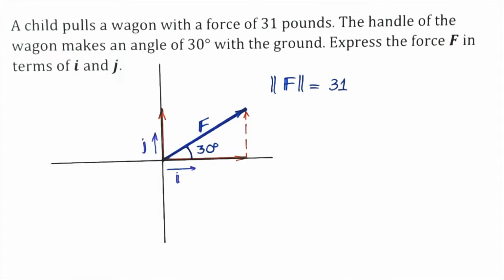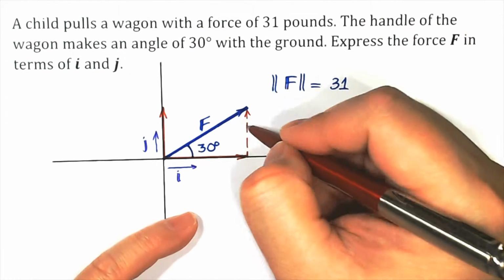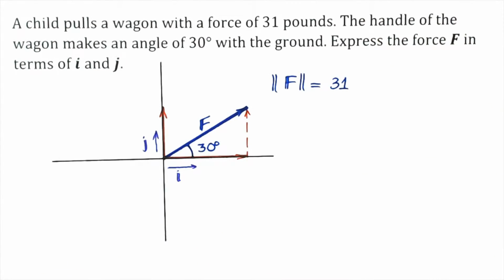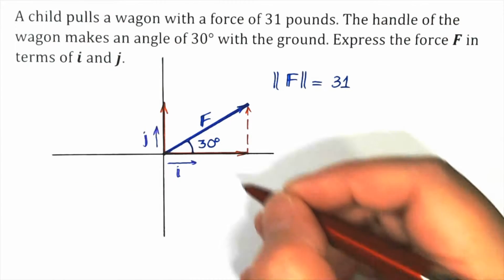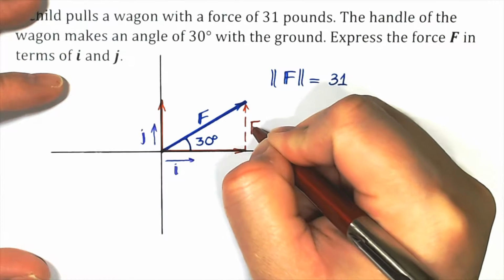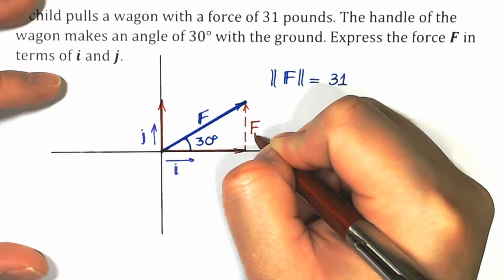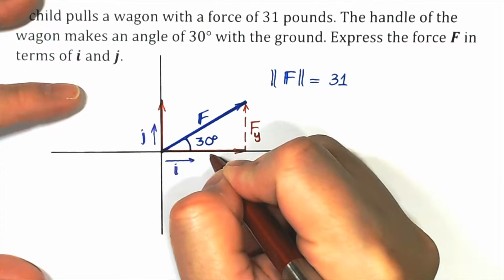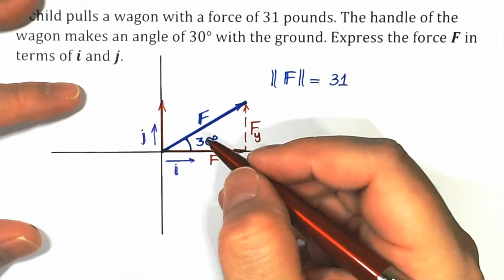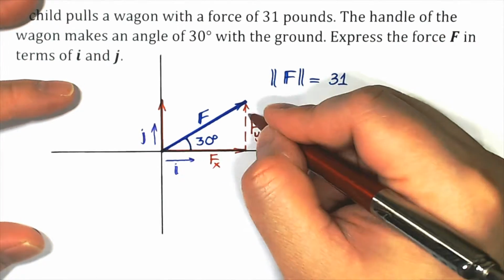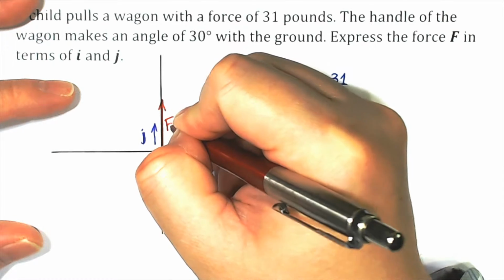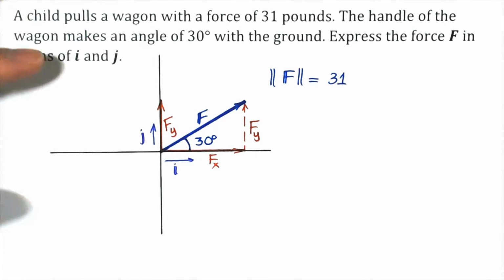So what we need to find is the components. This is the force F in the y component, and this is the force in the x component. This vector is the same as this vector, so we can say this is also the y component.